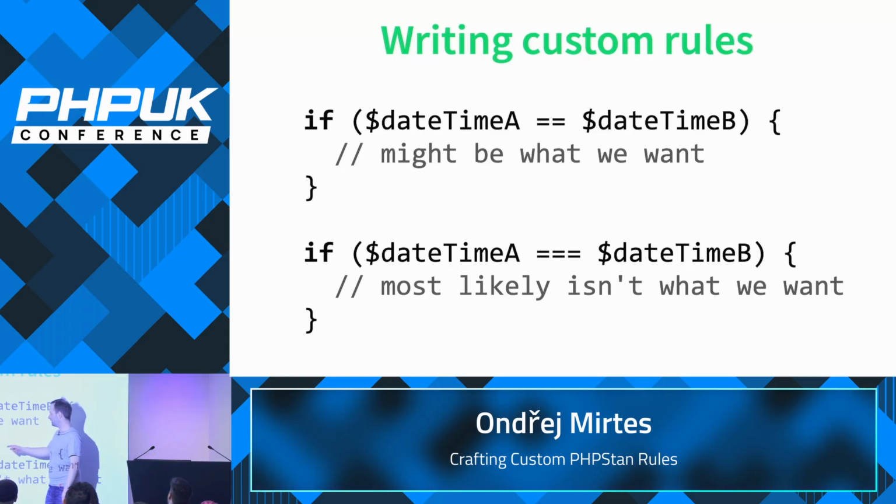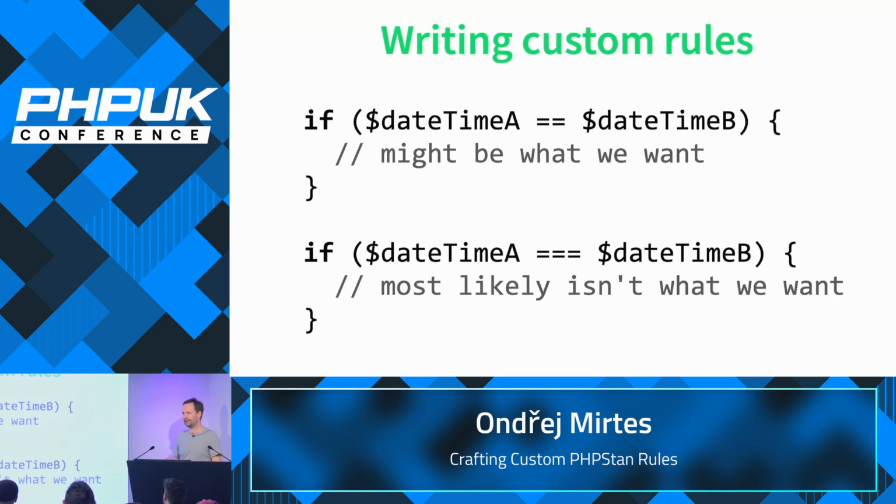But if you compare them with 3 equal signs, it's probably a mistake, because it's only going to return true if these two are references to the exact same object, which is probably a mistake in case of date times.